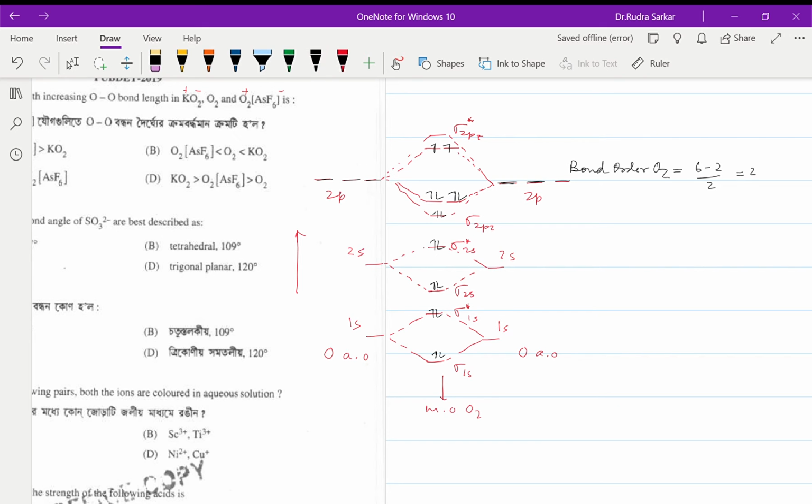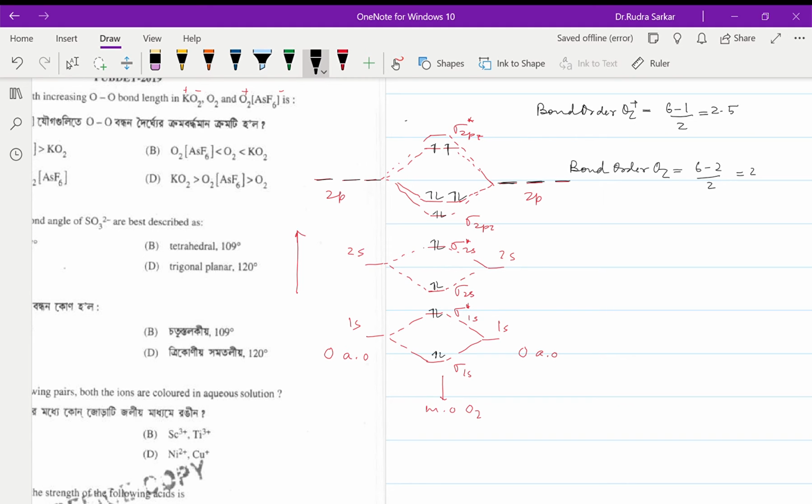Now if you remove one electron, you will generate O2 plus, right? So that is 6 minus 1 divided by 2, and we will say it is 2.5. This is the original diagram for oxygen.